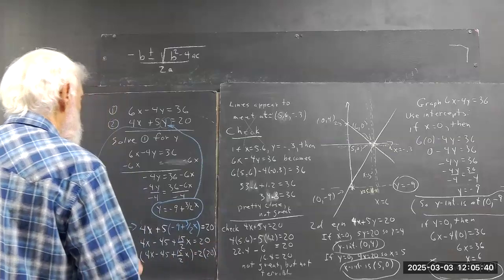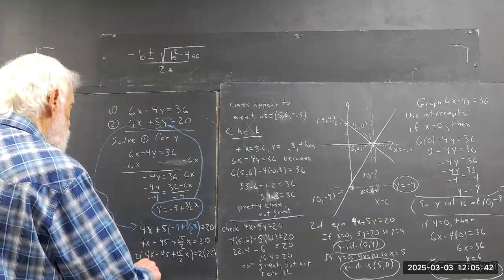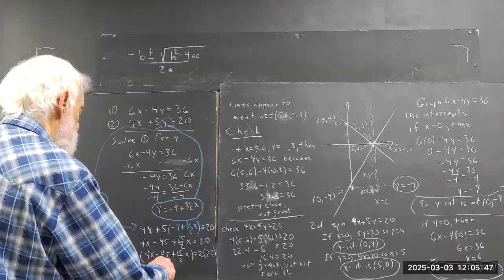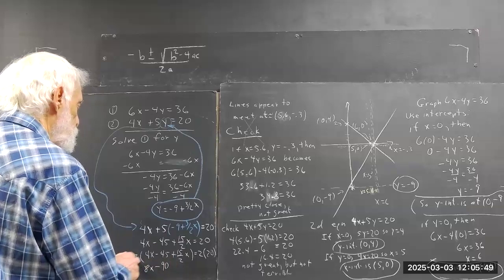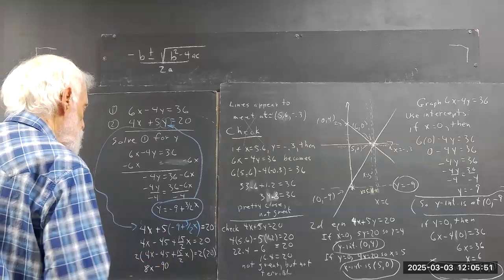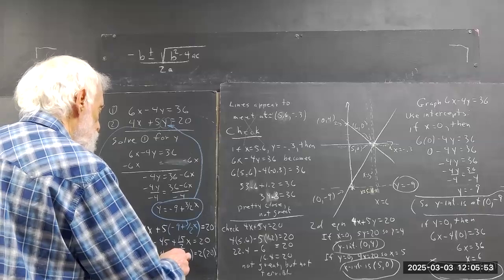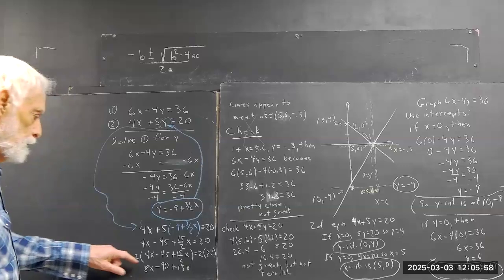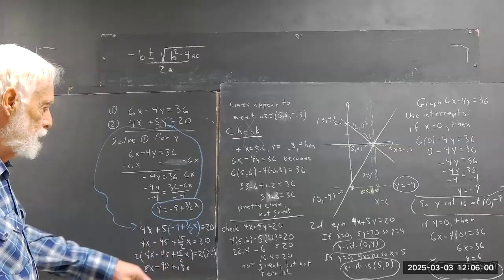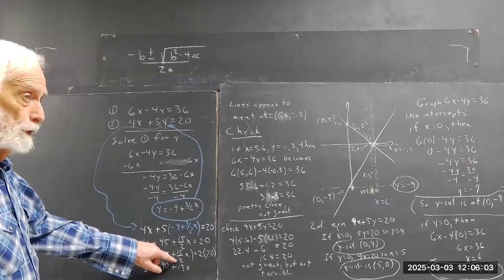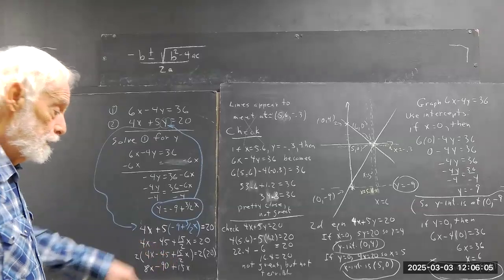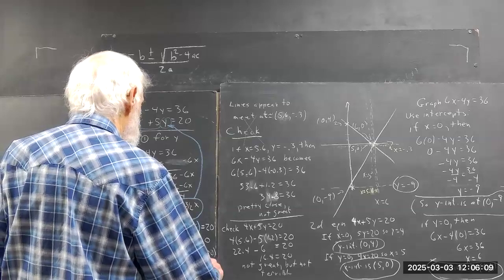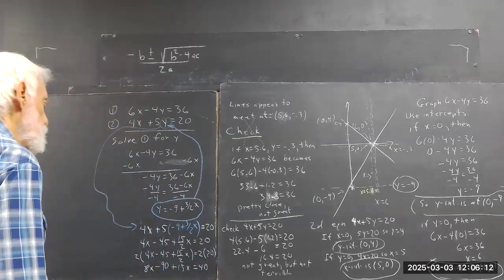Why do I do that? Because 2 times 4x is 8x. Two times negative 45 is negative 90. 2 times 15 halves x is 15x. The 2 that I multiply by the 15 halves is divided by the 2 here. It just leaves me 15. And now I don't have any fractions to confuse the issue.